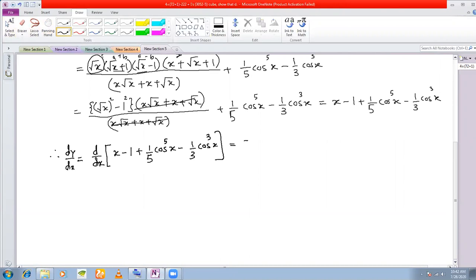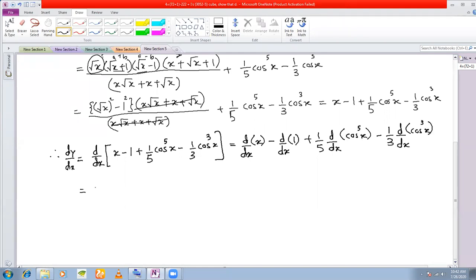Now we differentiate d/dx of x minus d/dx of 1, plus you take 1/5 out because it is a constant, d/dx cos to the power of 5x, minus 1/3 d/dx cos cube x. Okay, so now d/dx of x is 1, d/dx of 1 is 0.